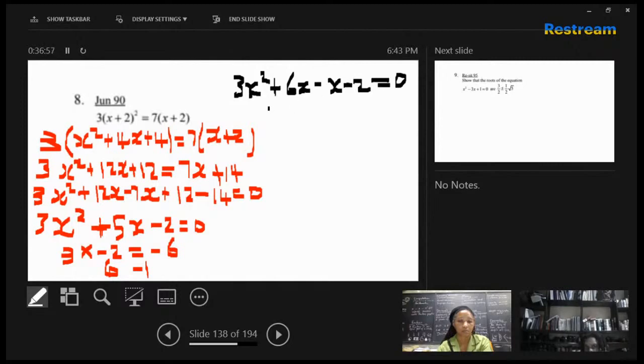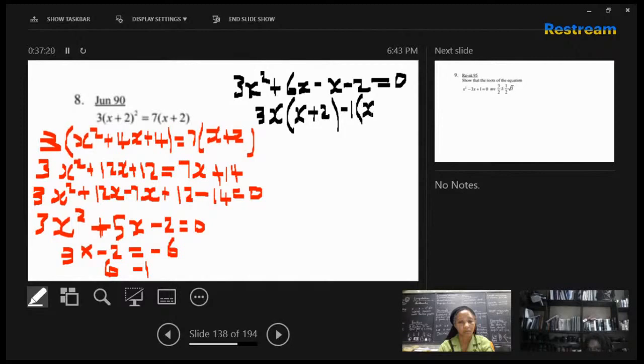So now we're going to factorize our pairs. It's going to be 3x, and 3x into 3x squared is x, and 3x into 6x is positive 2. For the second pair, the common factor is negative 1. Negative 1 into negative x is x.